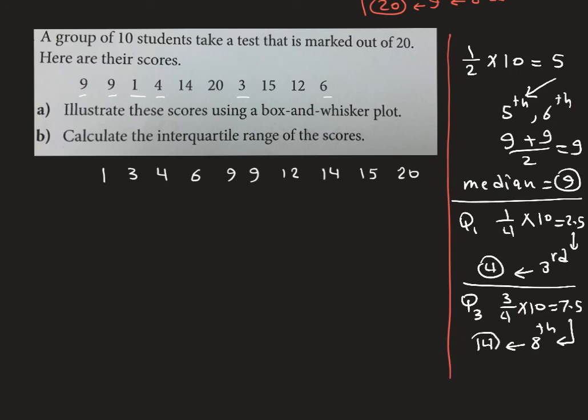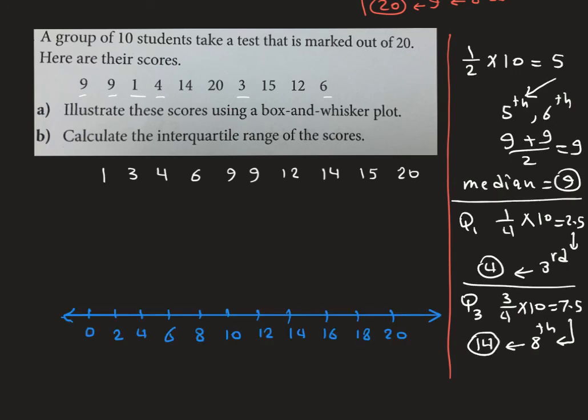So the upper quartile is 14. Now draw the number line from 0 to 20. Now we have the median equal 9, so between 8 and 10. Lower quartile equal 4.